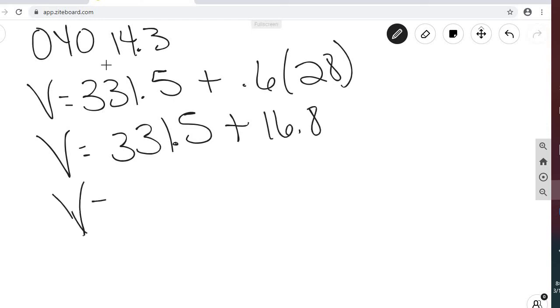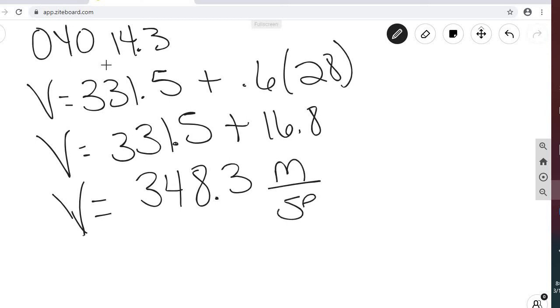So adding those together, the velocity then is 348.3 meters per second. Okay, so at an air temperature of 28 degrees Celsius, the speed of sound will be 348.3.